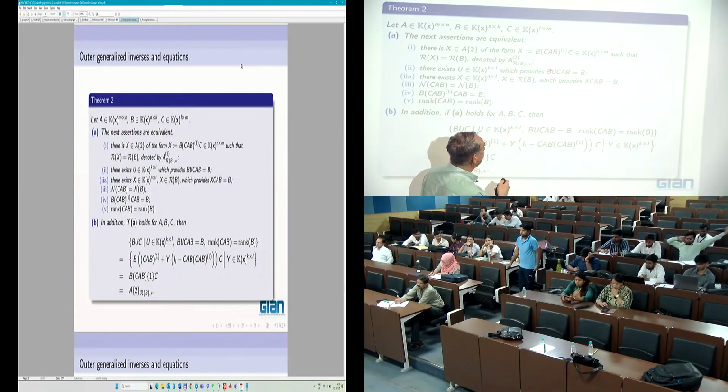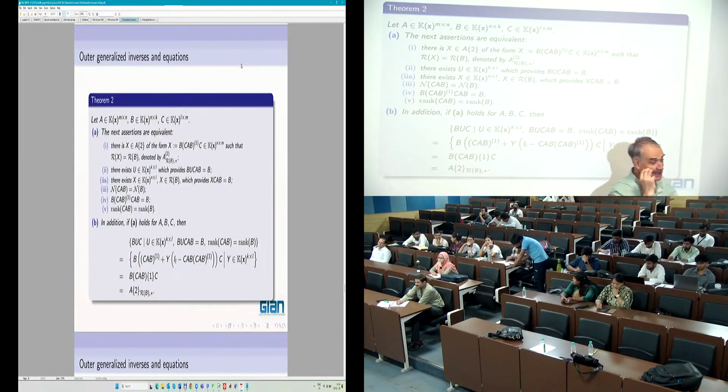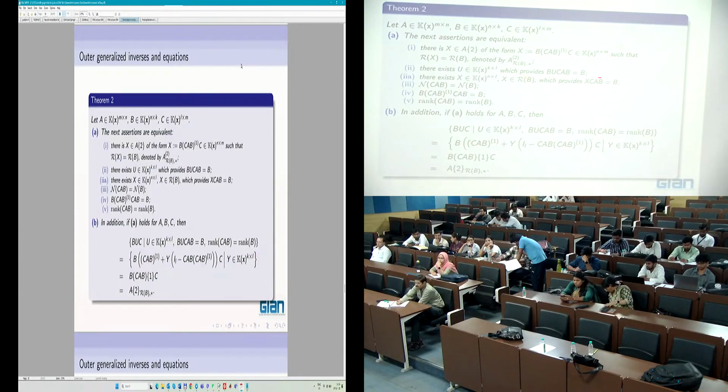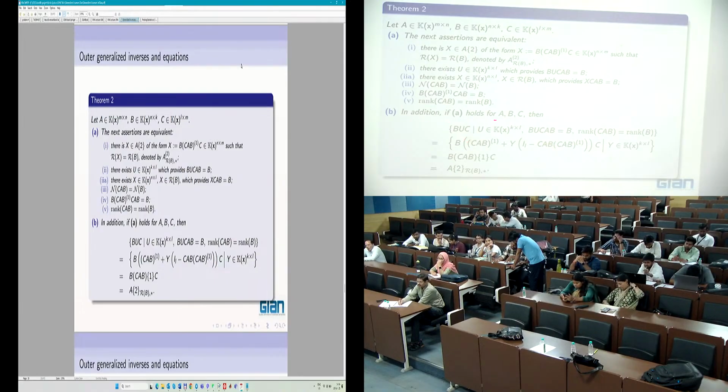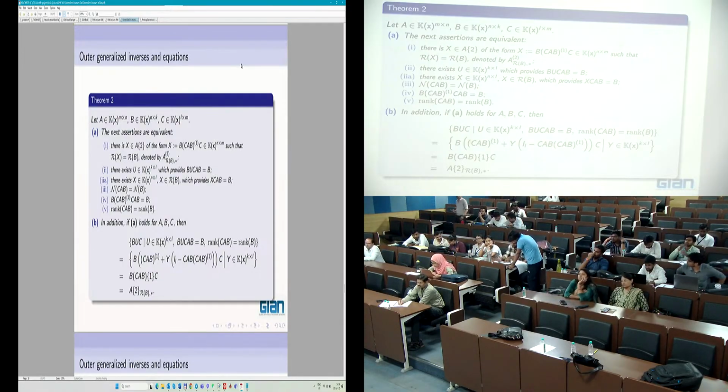And if we replace BUC by related outer inverses with AB inverses. And in part B, we obtained a representation, a generator of an appropriate algorithm for computations.